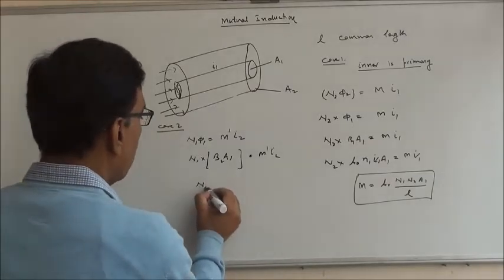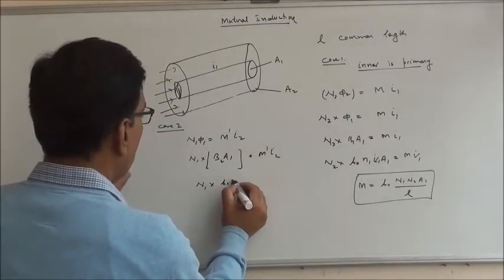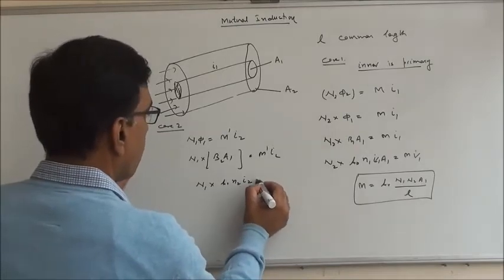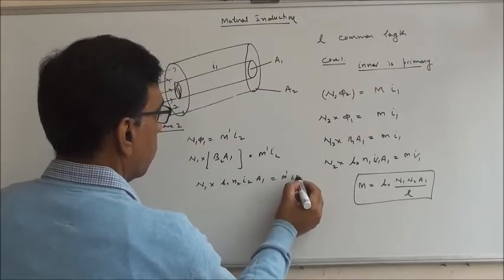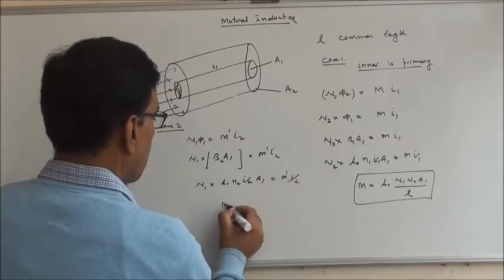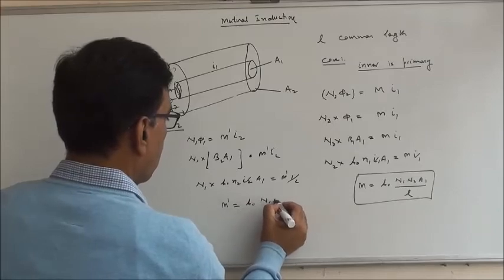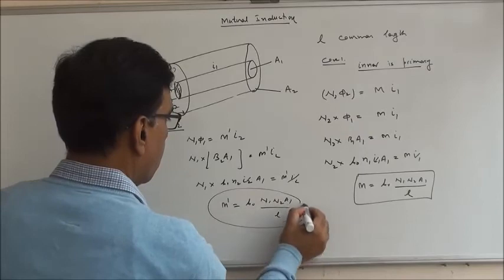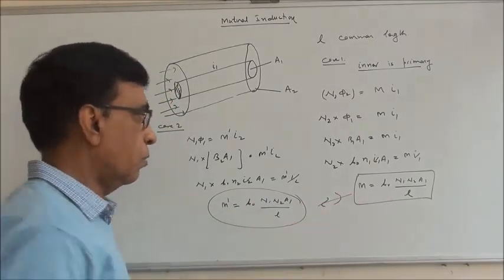So N1 times B2, where B2 is mu naught N2 I2, times A1, is equal to M dash I2. So what is M dash? M dash is mu naught N1 N2 A1 upon L. And see what is the relation between the two.